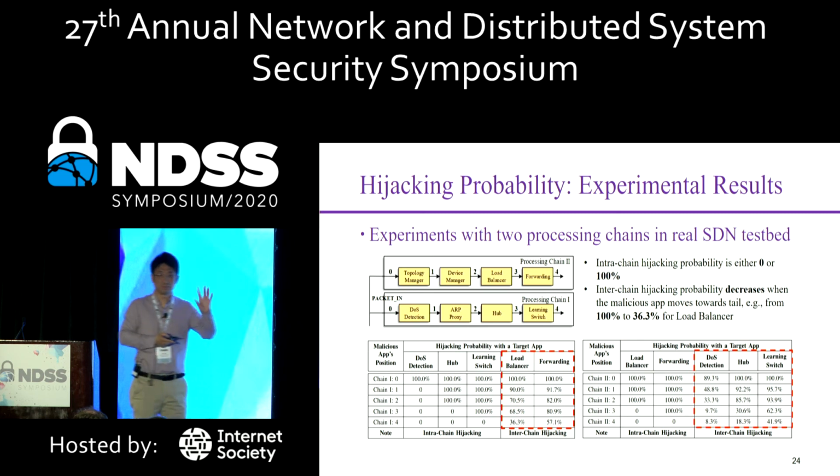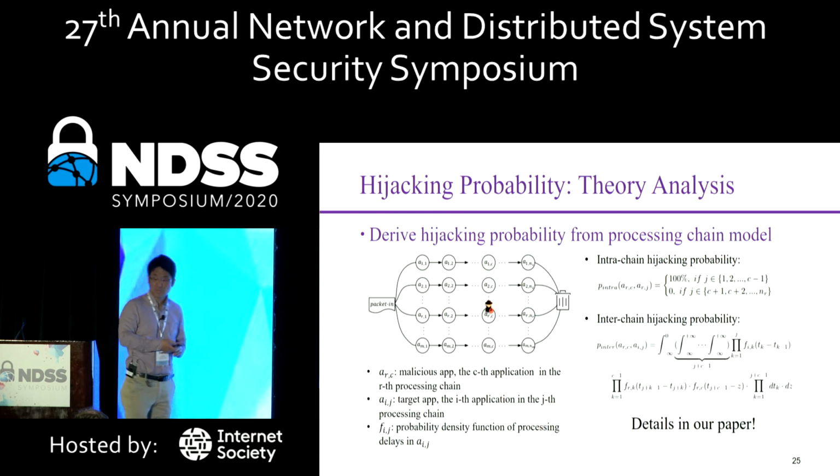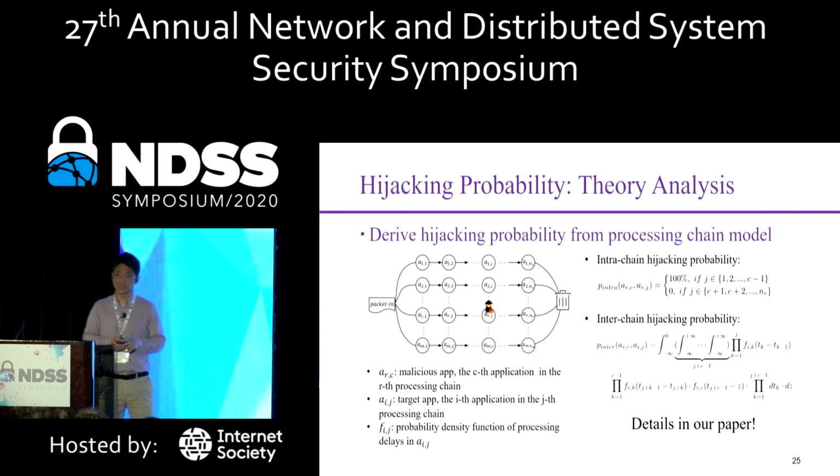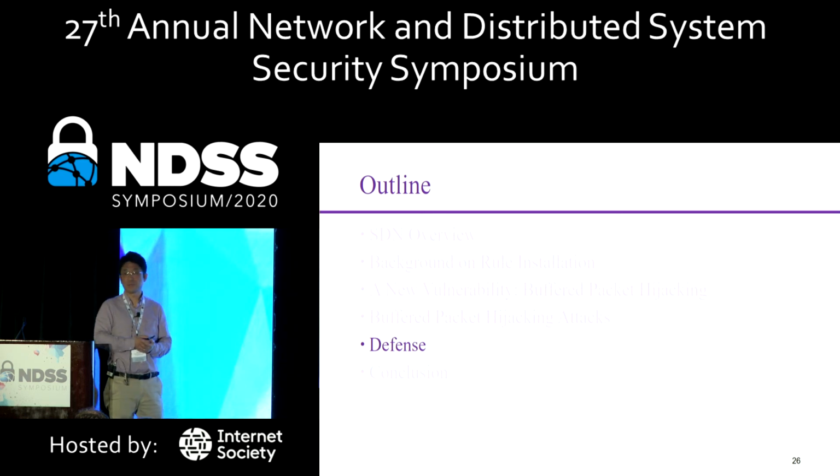Some applications spend much more time processing some packets. We also have a theoretical analysis of this probability, and the result matches well with our physical experiments. The details can be found in our paper.